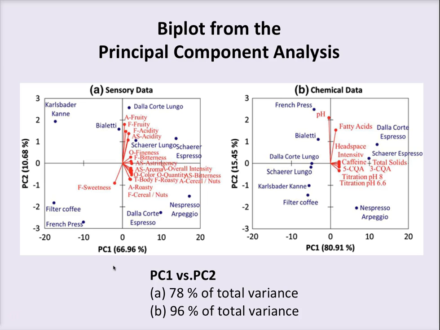And you have in A, there's about 70% of the total variance accounted for, and 96% on the right of the chemical data. What it means is that there's less variability in the measurements in the chemical, analytical data versus sensory.